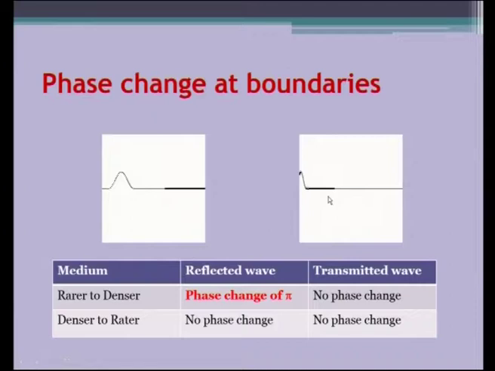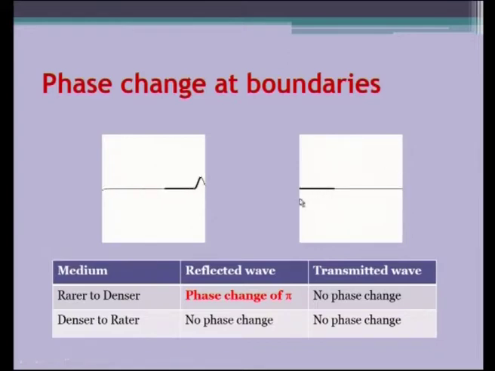Whereas on the other side, the reverse, the original pulse is produced on the thick string, that is a denser material, and on the right continuation is a very thin string which shows a rarer medium. So, here there is no phase reversal, the reflected wave is also reflected as a crest, the transmitted wave part is also travelling as a crest itself.